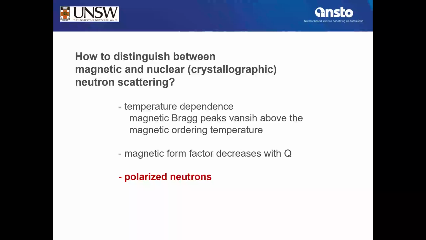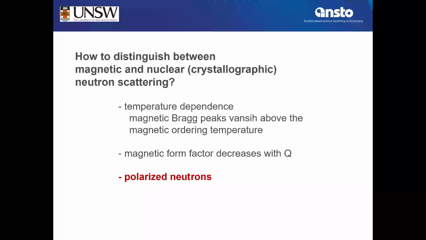So neutrons possess their own spin, but in a neutron beam directly from the reactor, the spins are unpolarized, they are random in all directions. But we have a few tricks to create polarized neutron beams. And polarized neutron means all the spins of the neutrons are pointing in one direction only.